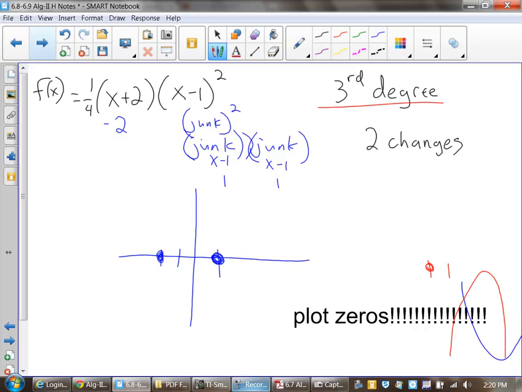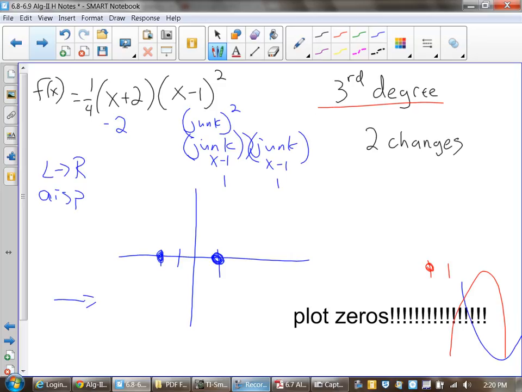Plus, if you notice, you have 3 zeros, which means you have a third degree. Okay? So now let's think about it in terms of the a value. What's the value of a? Is that positive or negative? So if something is positive and you're reading it from left to right, if a is positive, what do you think the graph is doing? Increasing or decreasing? Increasing.